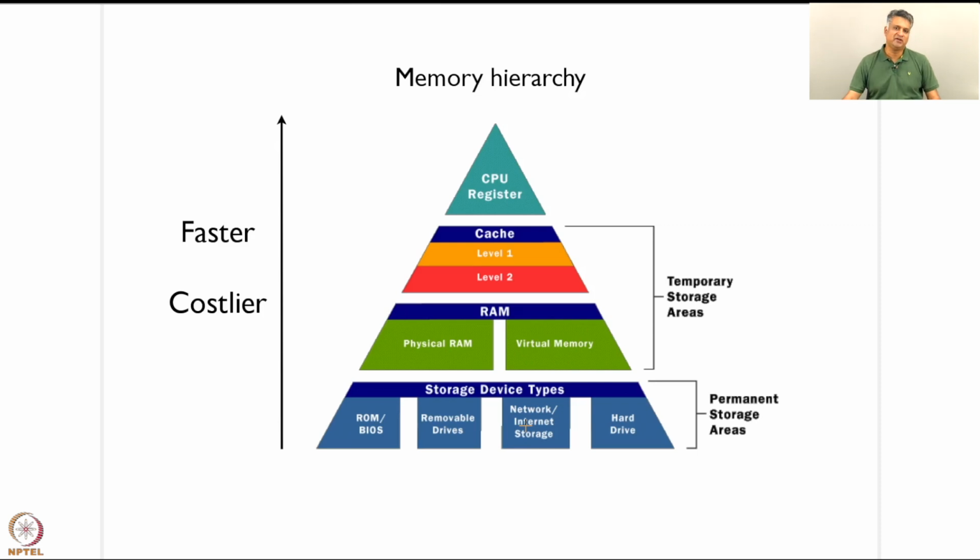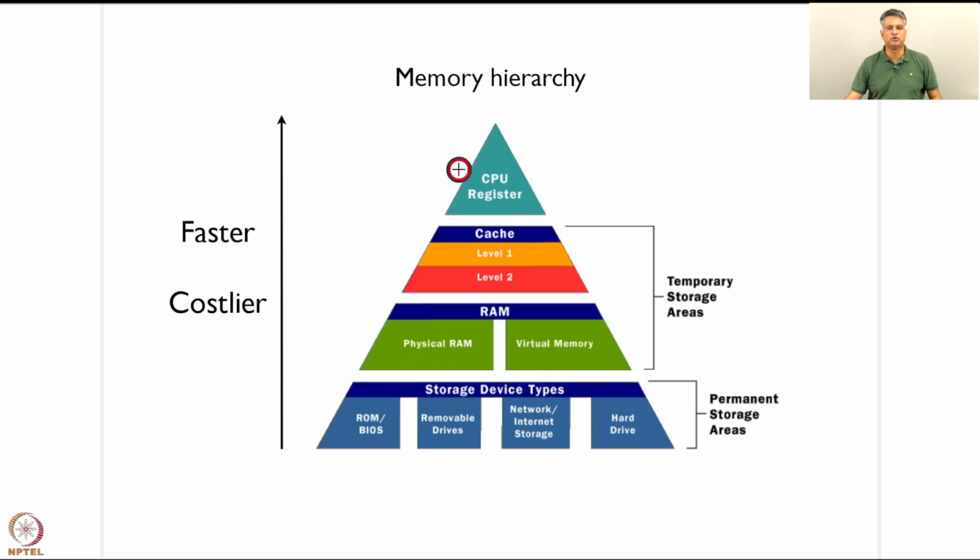Now, what we really need to understand is what we mean by the term faster or slower memory. We must realize that time in the CPU world is measured by clock cycles, and typically we figure out how many clock cycles it takes to access some amount of memory.